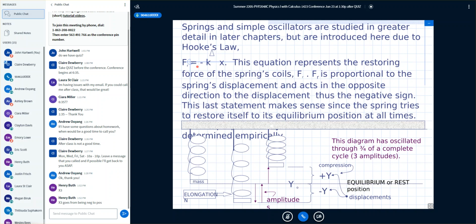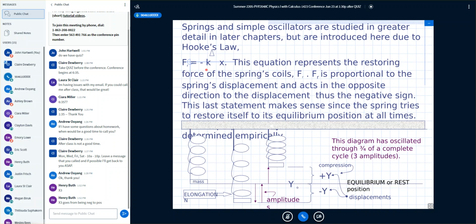This equation is discussed more at length in chapter 15. So if you're having a little difficulty understanding how this can happen, please, there is one homework problem associated with this lesson in chapter 15. I forgot what the number is, 1 or 3 or something. You may want to make sure you look at that problem.